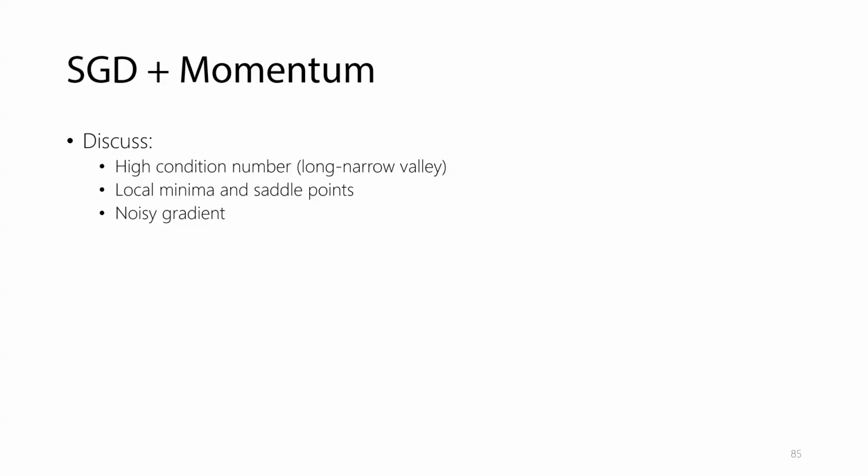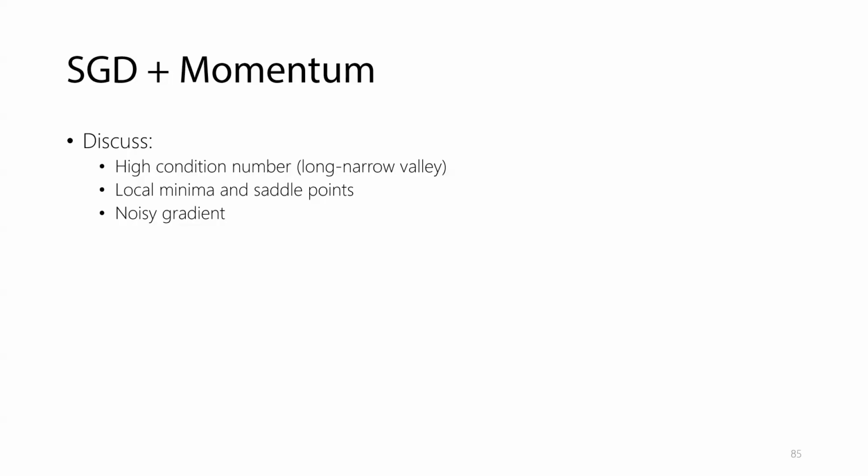Now, the long narrow valley situation: what happens if you have momentum? We saw that if we don't have momentum, it's going to get stuck. If we have momentum, the situation is going to be a little better, because as you go down to the bottom of the valley, you will develop momentum, you will develop velocity, and then you will go up a little bit to the opposite side of the valley, and then come back down.